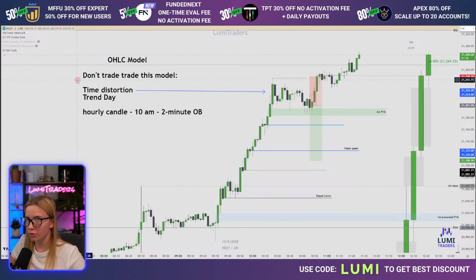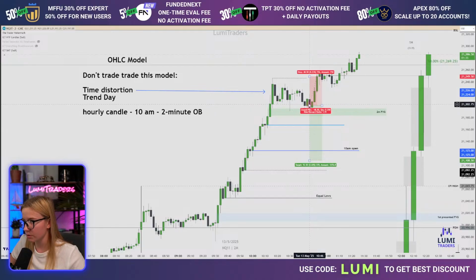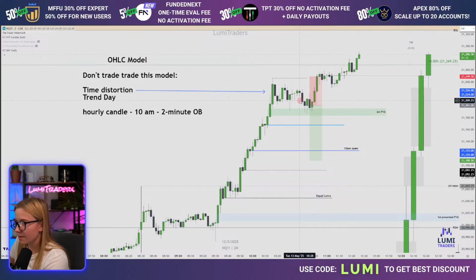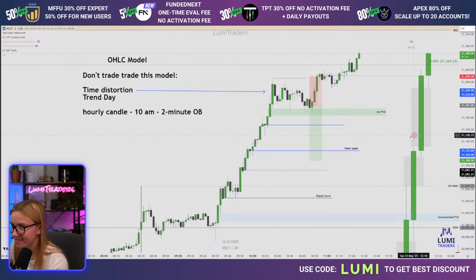Right there, we don't want to trade time distortion. Interesting name, HCT. Yeah, interesting.